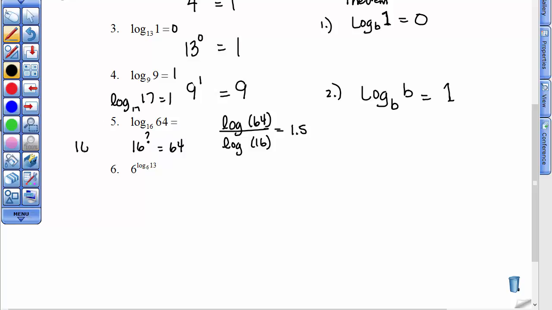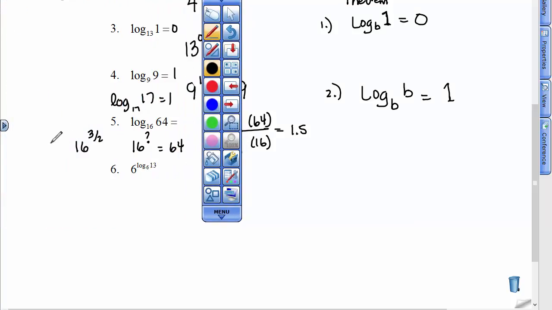Well, I happen to know these raising powers to powers where I have fractional exponents. And I happen to know that 16 to the 3 over 2 power means 16 to the 1/2 power cubed. And remember, 16 to the 1/2 power means the square root of 16 cubed, and the square root of 16 is 4, and 4 cubed is 64.